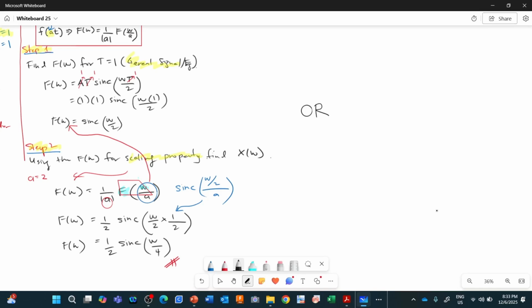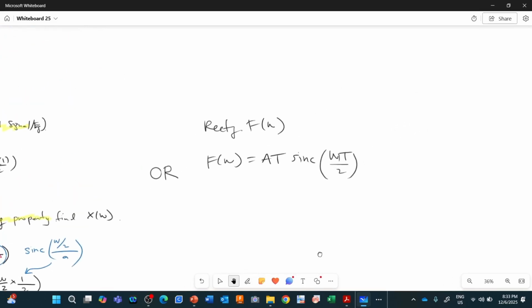According to this morning's equation, what was it for rectangular? If you have rectangular, the equation becomes F omega equivalent to A T sinc omega T over 2.